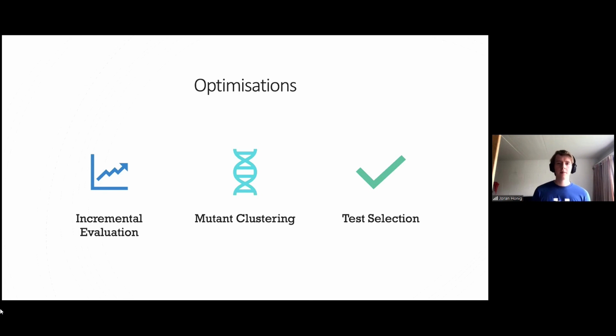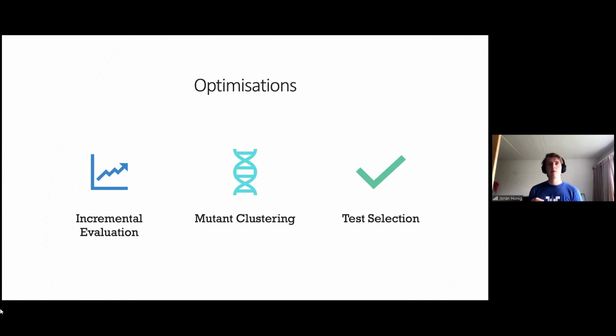In mutant sampling, we took a random sample of the mutants. With mutant clustering, we take a more sophisticated approach where we create different clusters of similar mutants, and then from each cluster we select one mutant.